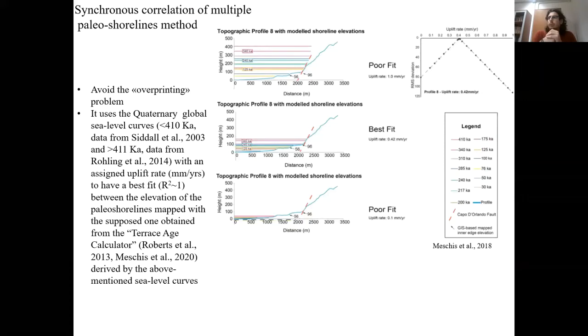In order to give a chronological framework to these marine terraces, the synchronous correlation of multiple paleo shorelines method has been used in the study area. It finds the best fit between the elevation of mapped paleo shorelines and the expected elevation from global sea level curves by iteration of the uplift rate.